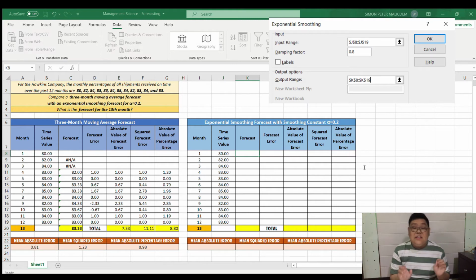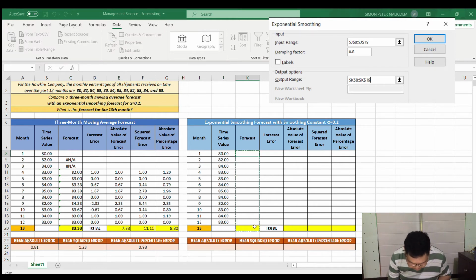Damping factor. Damping factor is 1 minus alpha. In this case, our alpha is 0.2. So 1 minus 0.2 is 0.8. Let's type in 0.8. Output range, unlike the moving averages, we would be starting in the first month.